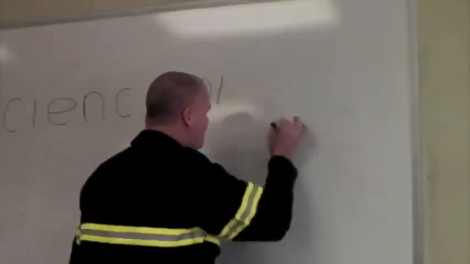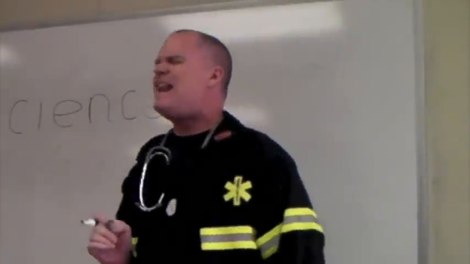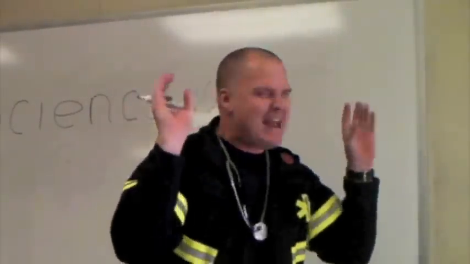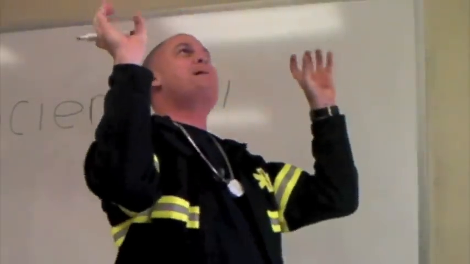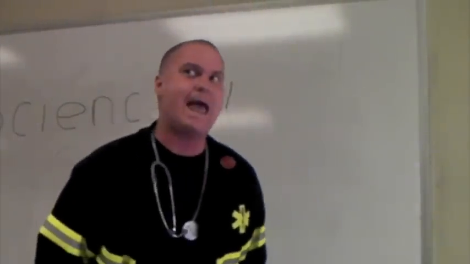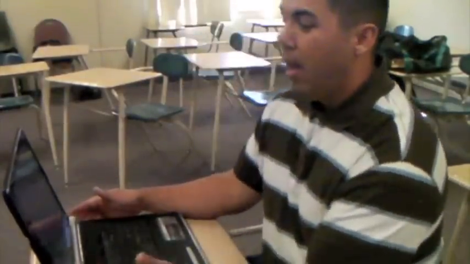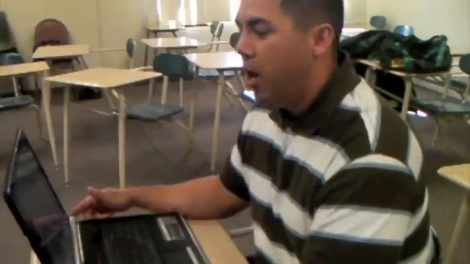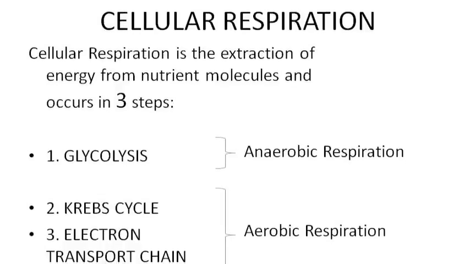Okay, class, number three is glycolysis. And then Krebs cycles, it rains. Well, what did Miss Davies teach you, class? Cellular respiration is the extraction of energy from nutrient molecules, and occurs in 3 steps. The first one is glycolysis.